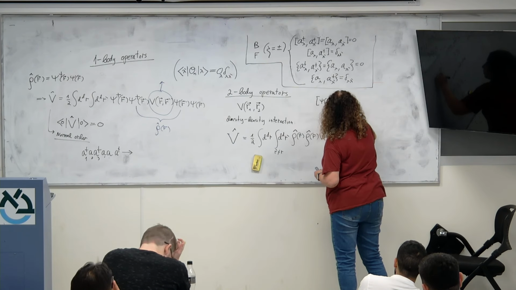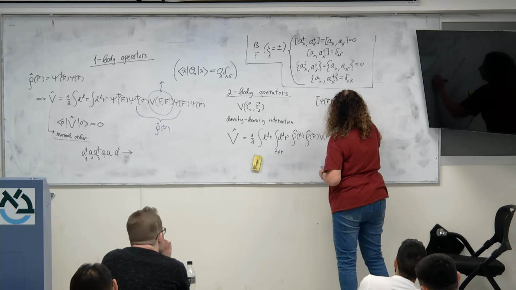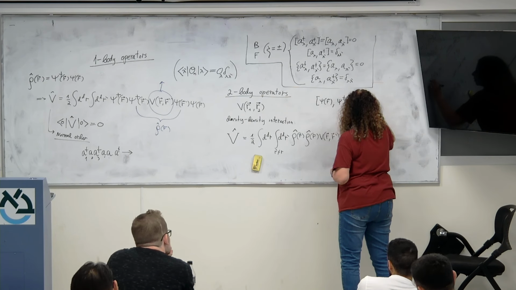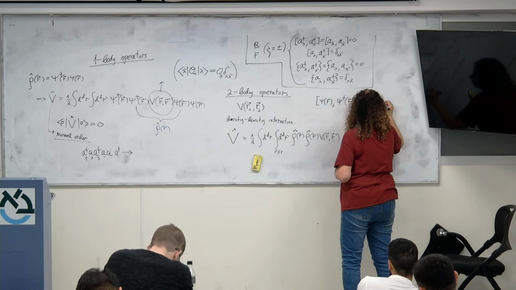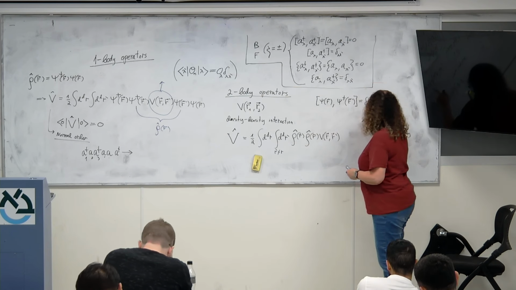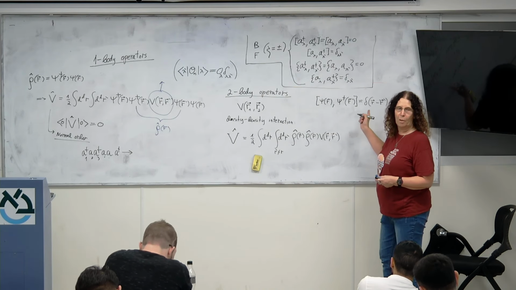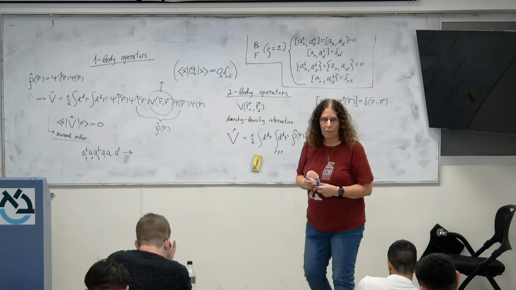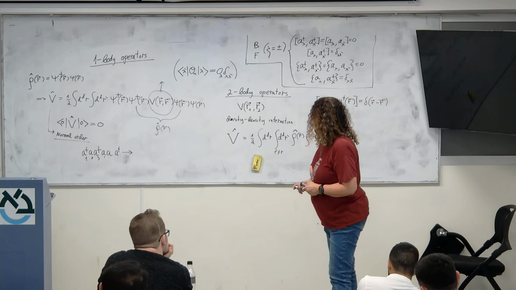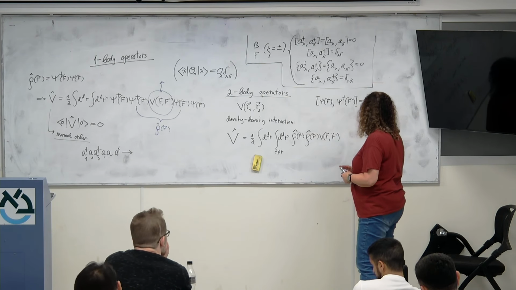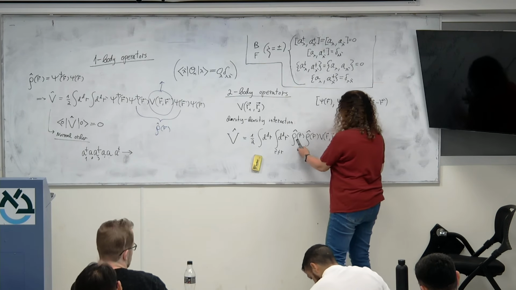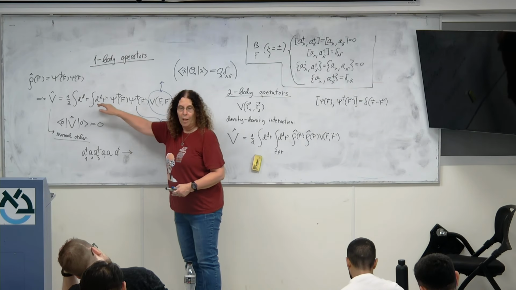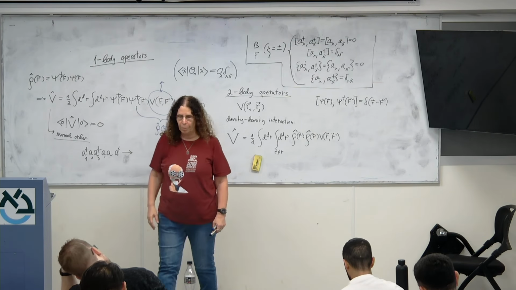So for example, this for bosons is the Dirac delta of R minus R prime, and for fermions it's the same but with anti-commutators. So with this you can verify what is the difference between this and this, but that is the form that we want to put.